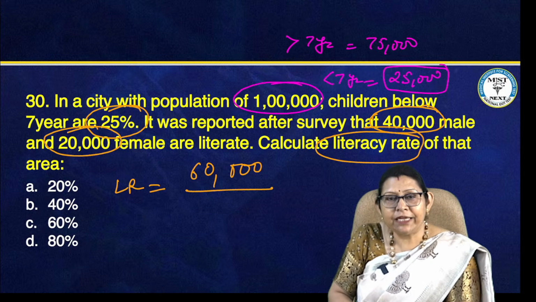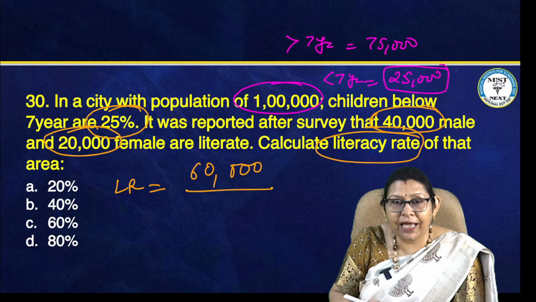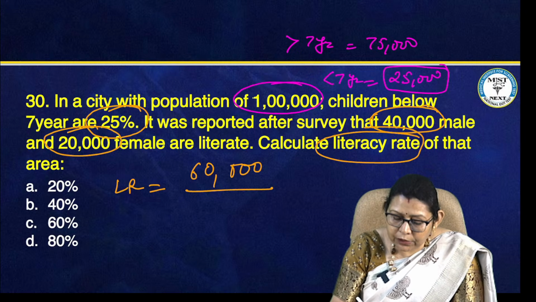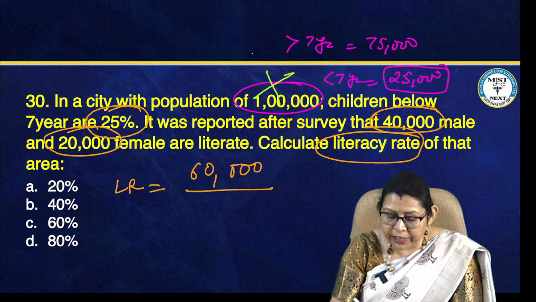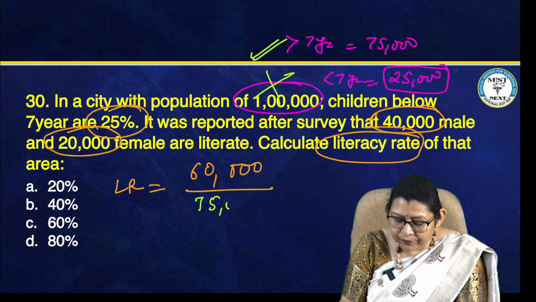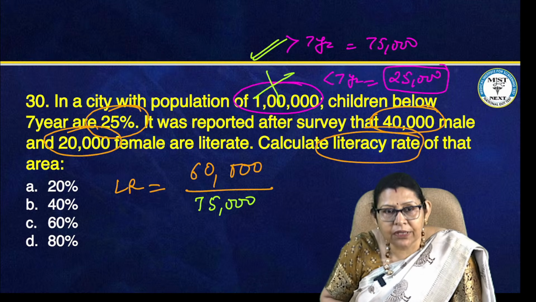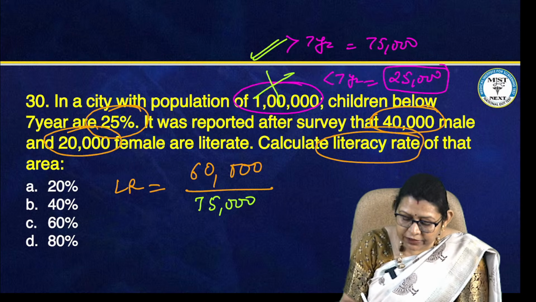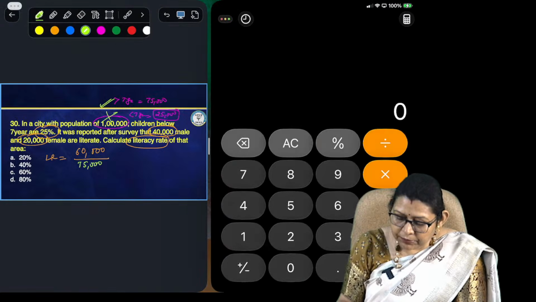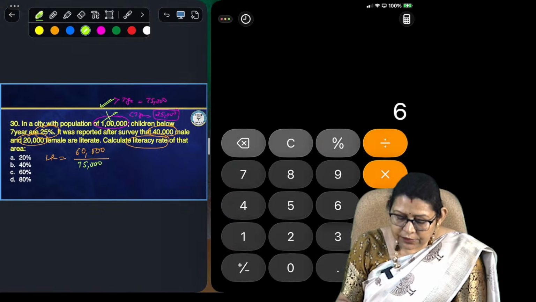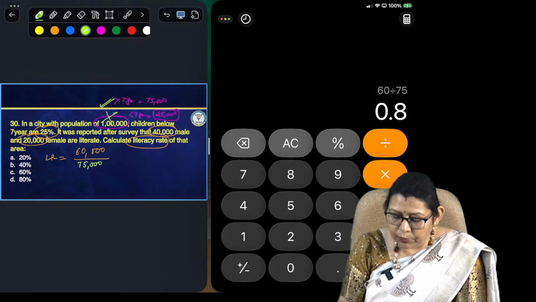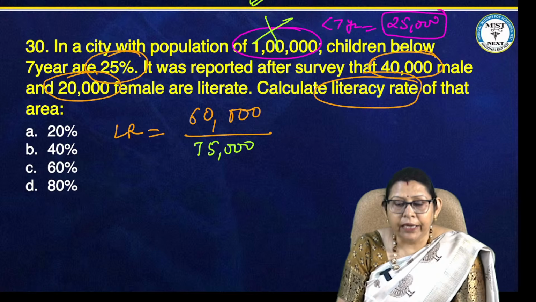So the catch is that in the denominator you will not be taking the total population, you will be taking the population of 7 years or more. So the denominator will be 75,000. If I make the calculation, 60 divided by 75, it is coming as 0.8 or 80%.